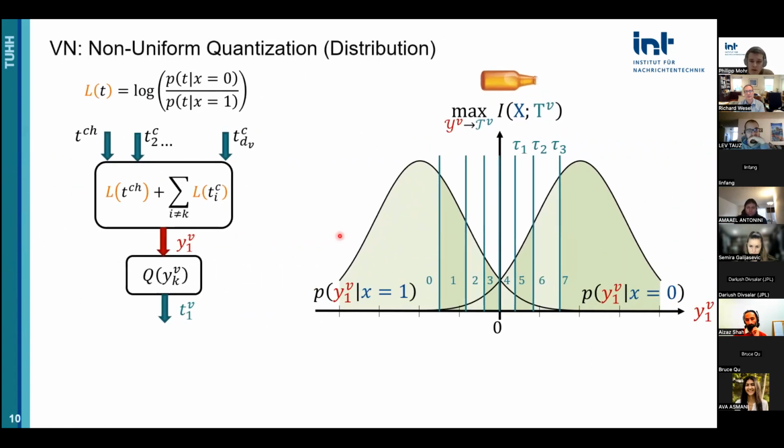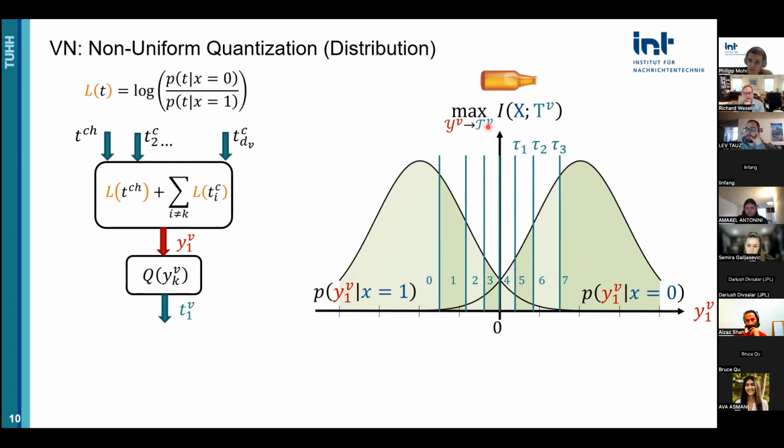One example for such an optimization is depicted here, where we have a joint input distribution, which describes the relationship between the observed variable and the relevant variable x. And here I just use a Gaussian distribution. We can see that the quantization is determined just by those vertical boundaries here.